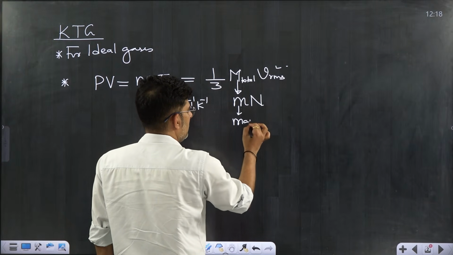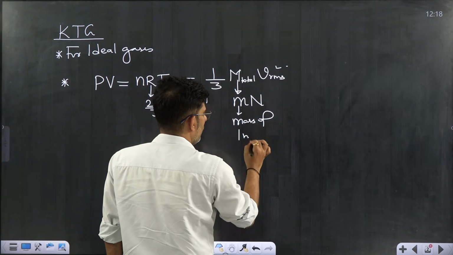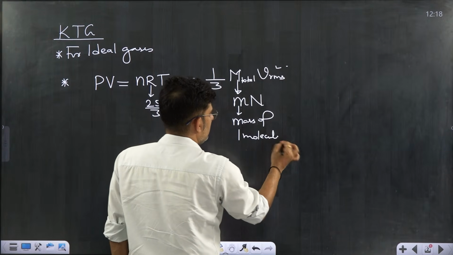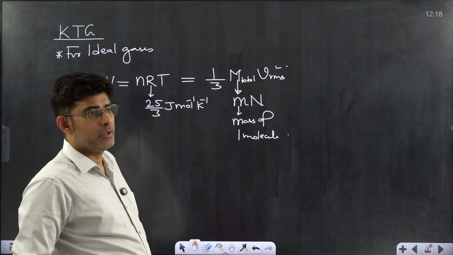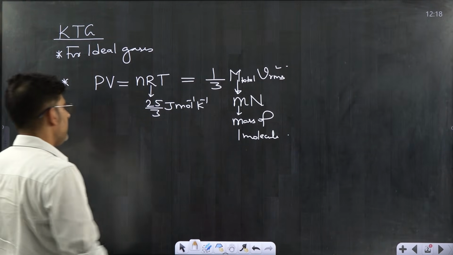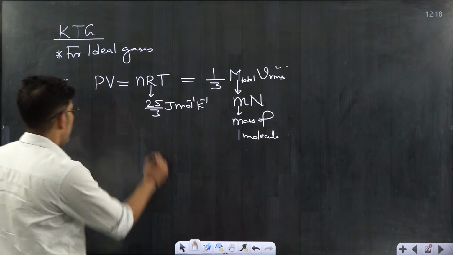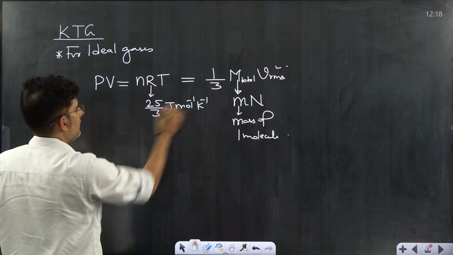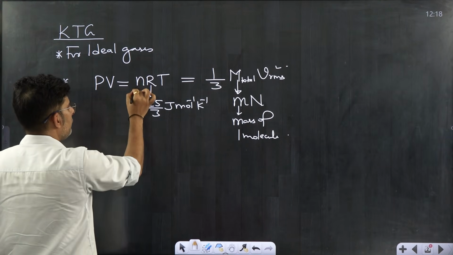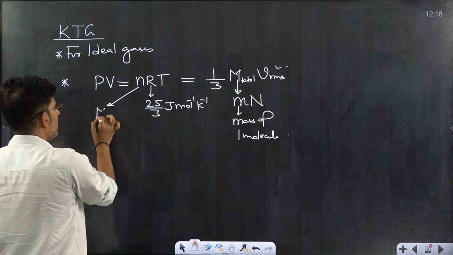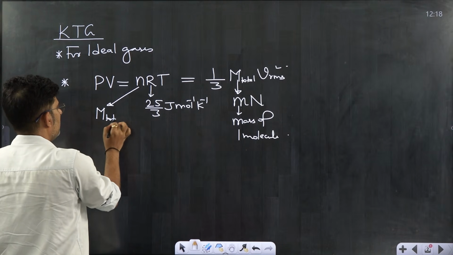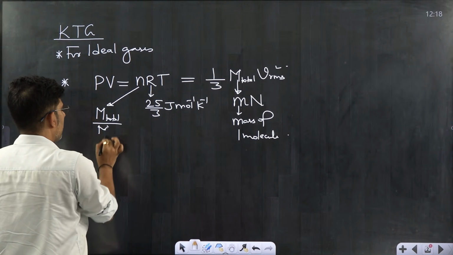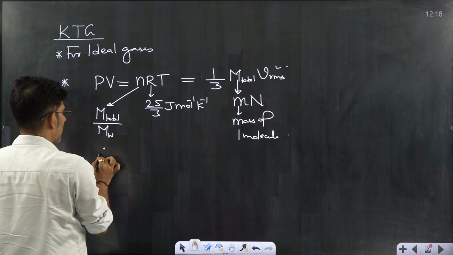So m is the mass of one molecule, N is the total number of molecules. V_RMS is our root mean square speed, and from this relation we know the number of moles is the total mass by molecular mass or molecular weight.